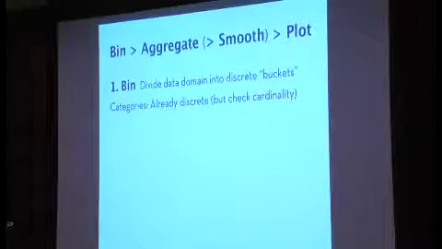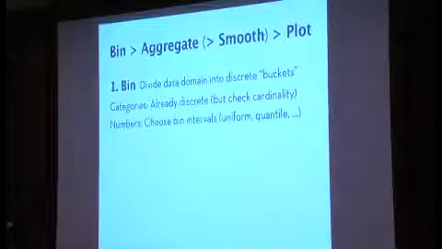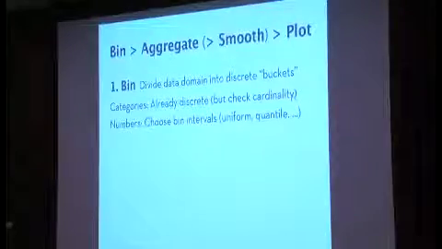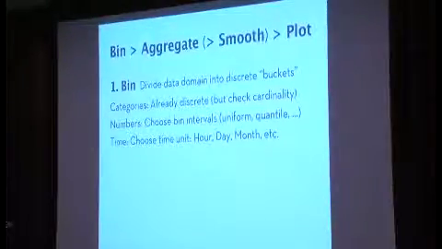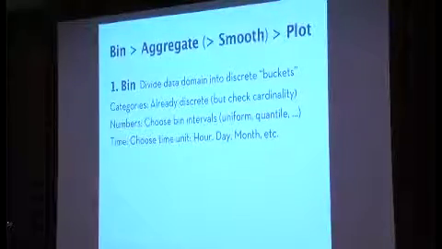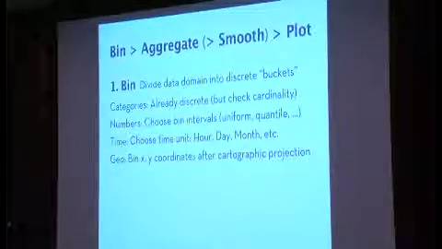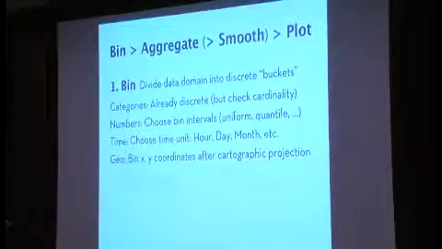Though, if you've worked with high cardinality data, that can actually be a really big challenge. So there are some interesting things you can try there. For numbers, you can choose the binning intervals: uniform, quantiles, and so on. For time, again, you get into how do you choose the time unit: hour, day, month, quarters, et cetera. And then for geo, you can bin XY coordinates after you do some type of projection.